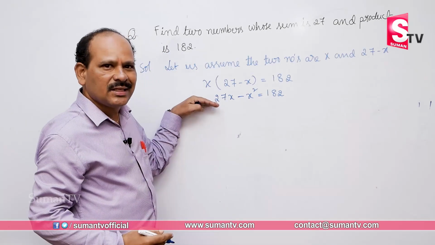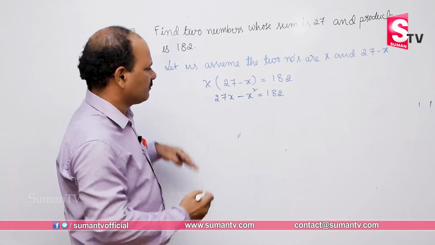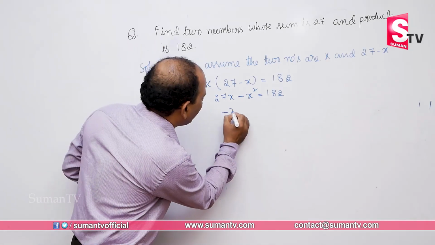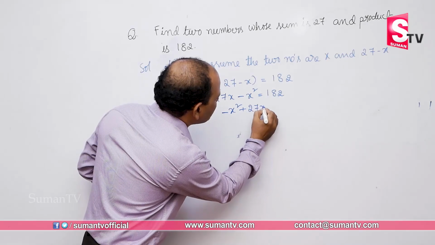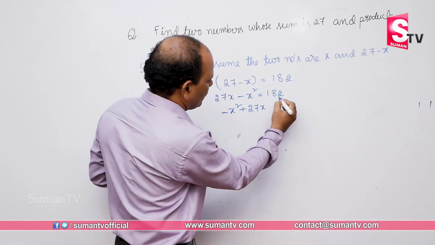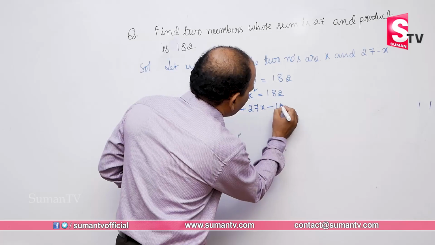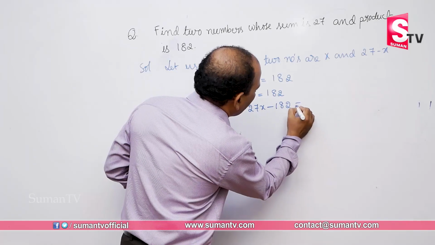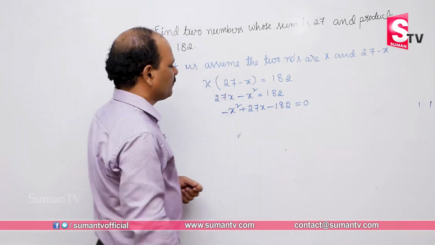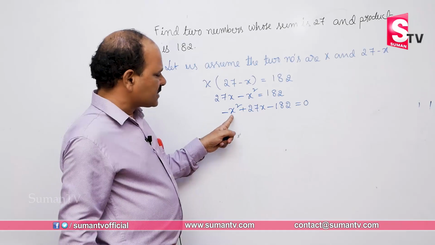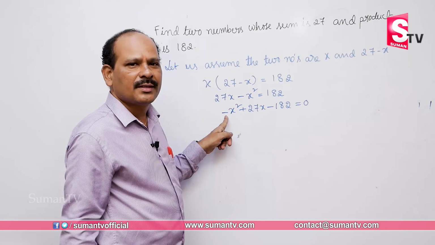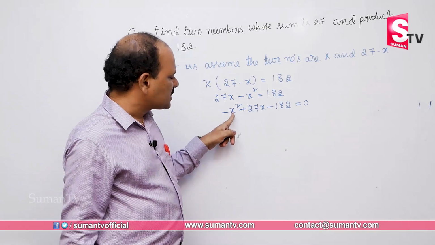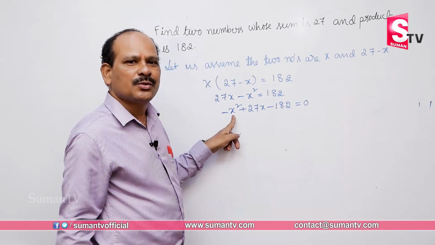Now write this equation in descending order. Minus x square plus 27x, bring that 182 to the left side, so minus 182 is equal to 0. The x square term has a minus symbol, and I want to remove it, because I always want the x square term to be positive.